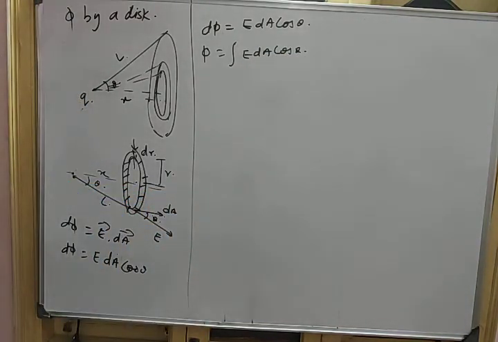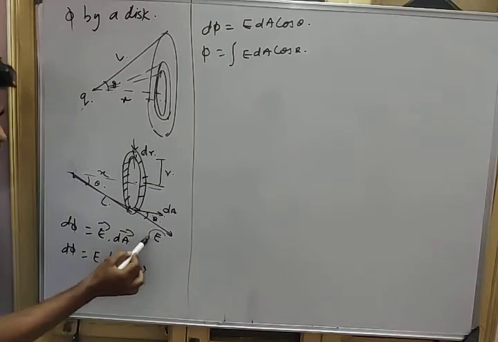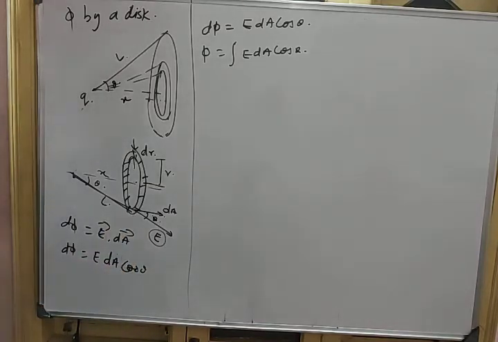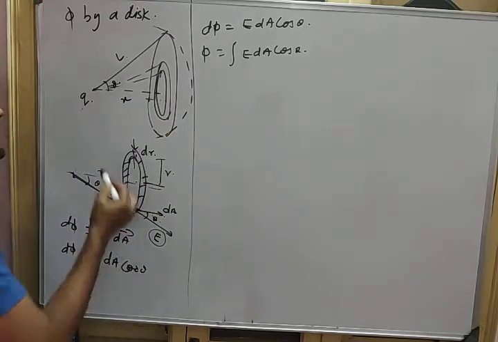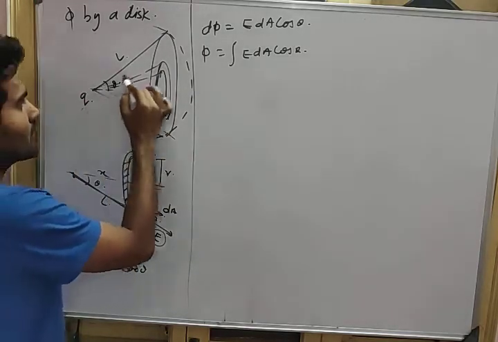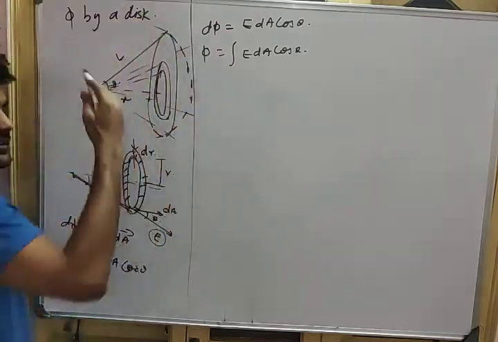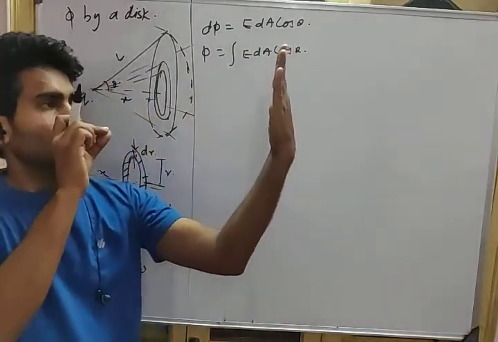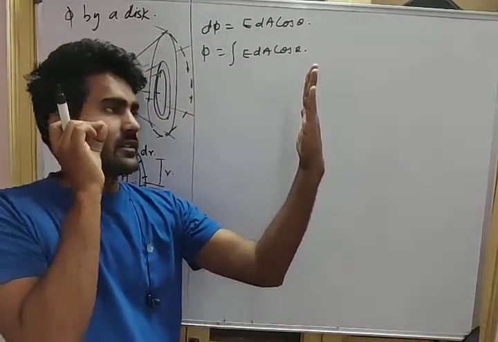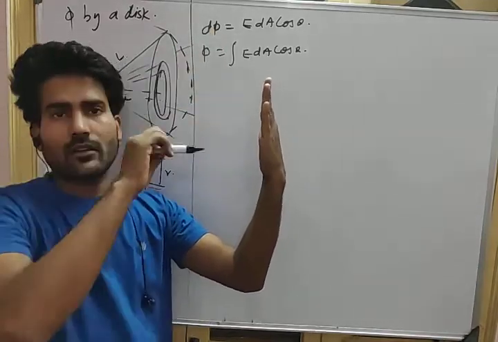You see here, the field is also not constant, right? If it were a sphere like this, then we could say the field at every point is constant. But it is a disk. Actually, this is a charge kept here, and this is a disk, so the field lines are not similar.